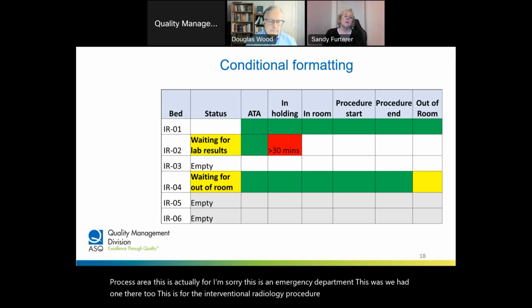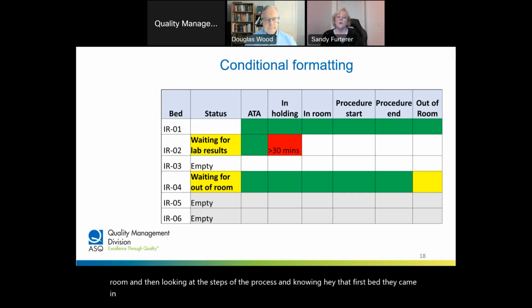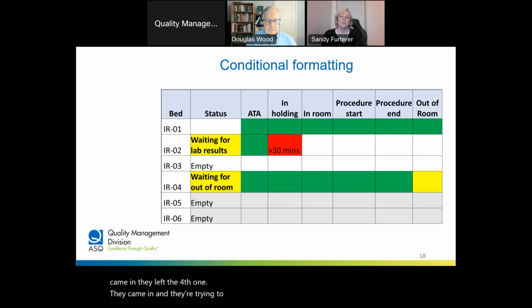And this was looking across each bed and looking at the status of where the patient was in the process for each room, and then looking at the steps of the process. The first bed, they came in, they left. The fourth one, they came in and they're trying to leave, but they're waiting for a room.